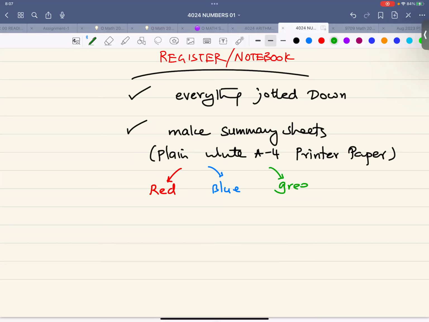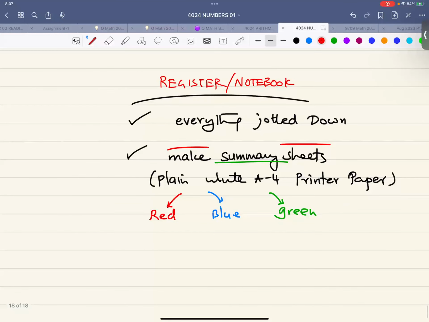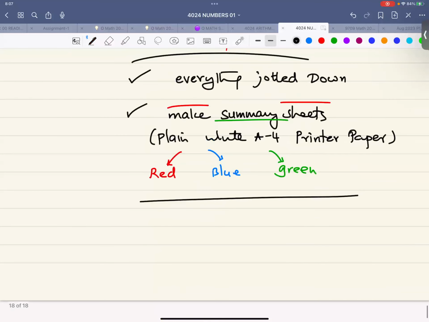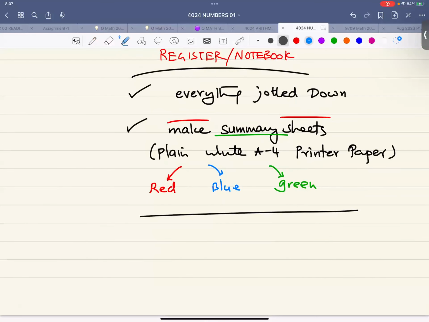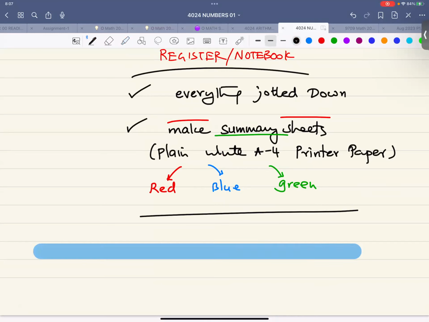Use 3 colors. All those summary sheets should be in these 3 colors, red, blue, green, red, blue, purple, something like that, and just make those things. So now I'll be asking for a scanned copy later, but your duty is to fill in your register, and that completes lecture 2 of today.